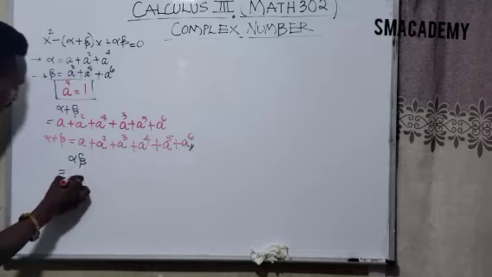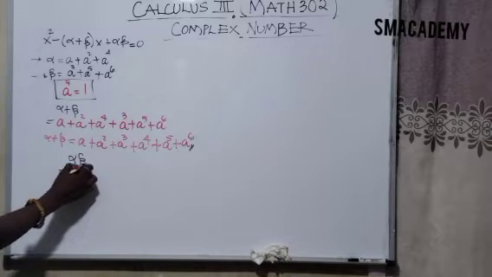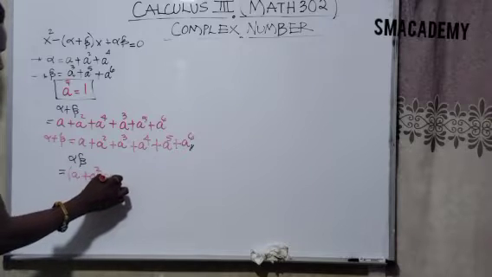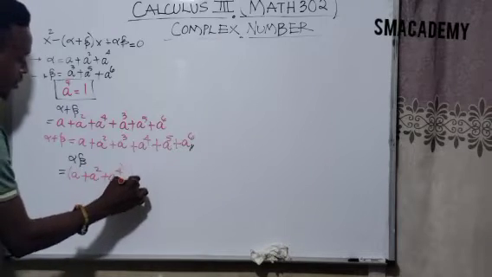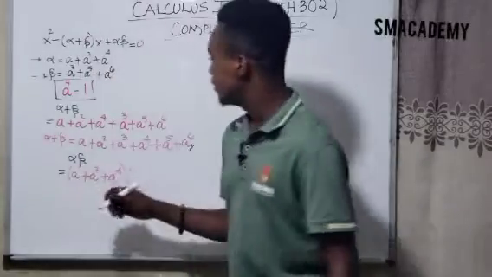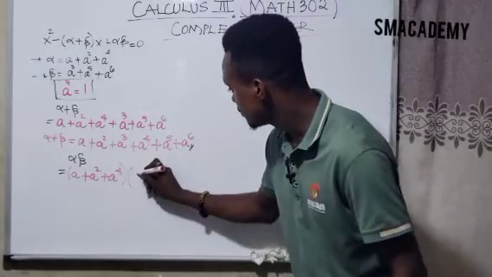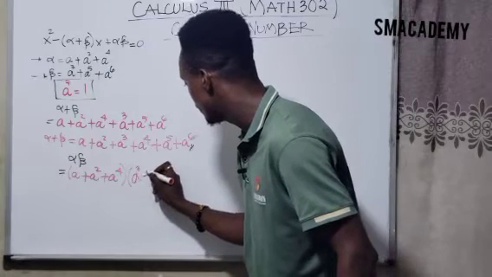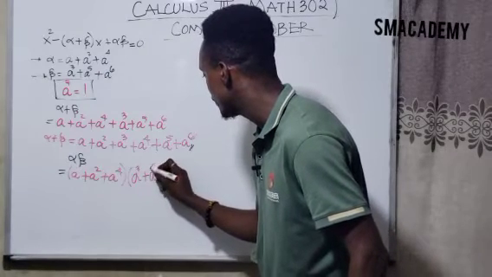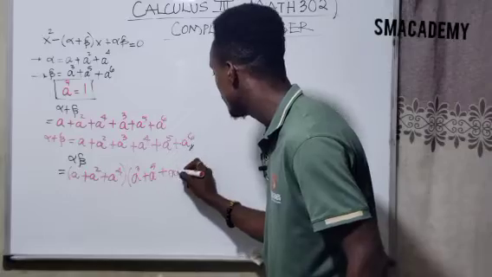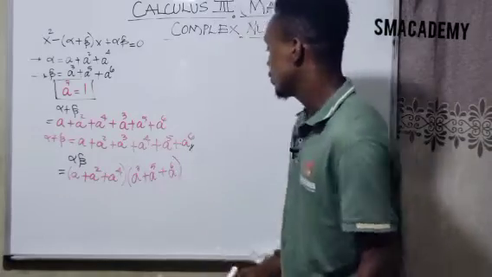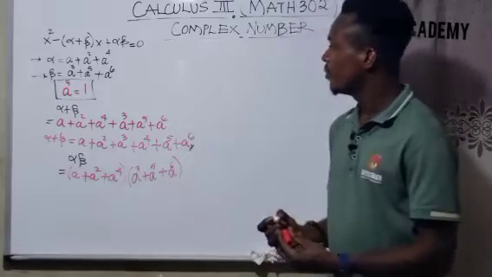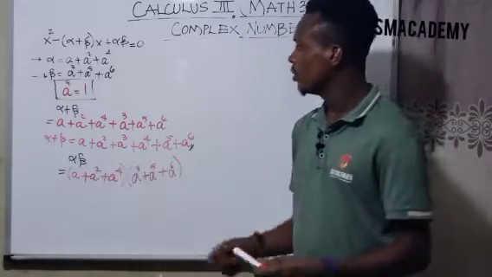The value of alpha is a plus a squared plus a to the 4th power, multiplied by the value of beta, which is a cubed plus a to the 5th power plus a to the 6th power. So we multiply this trinomial by this trinomial.